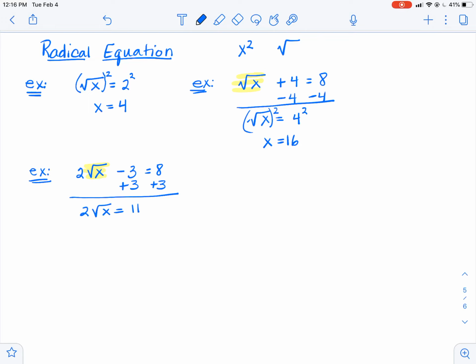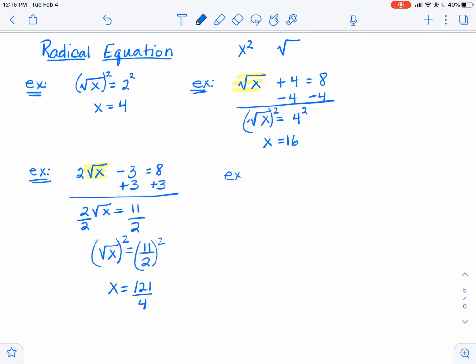At 11, I'm going to divide off the 2. Square root of x equals 11 over 2. So again, the same thing. I am going to square both sides. So x would equal 121 over 4. And again, you could place that back underneath your radical and check it out.